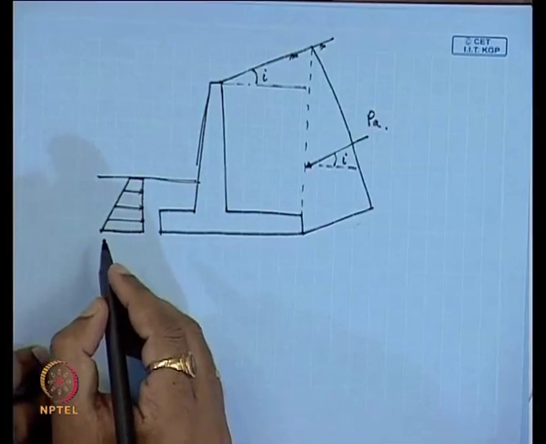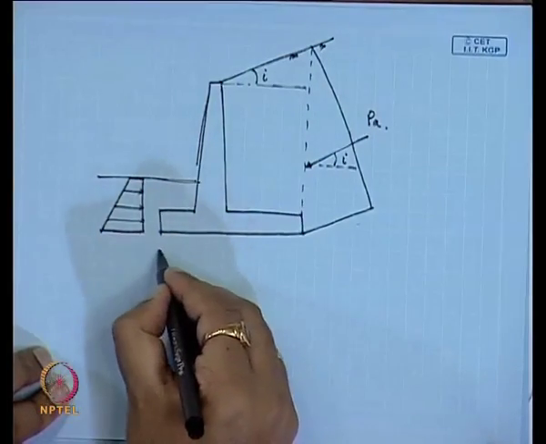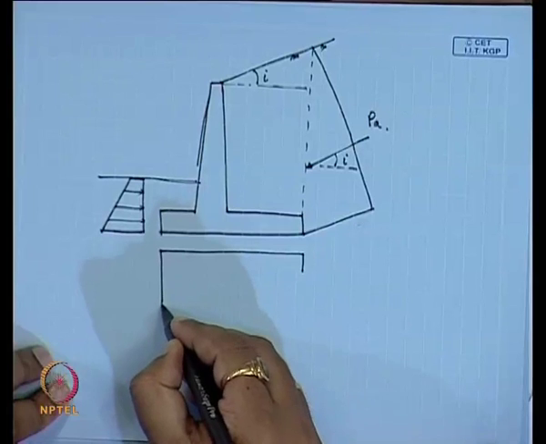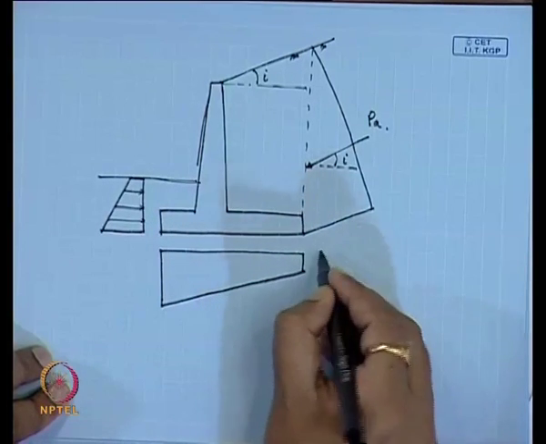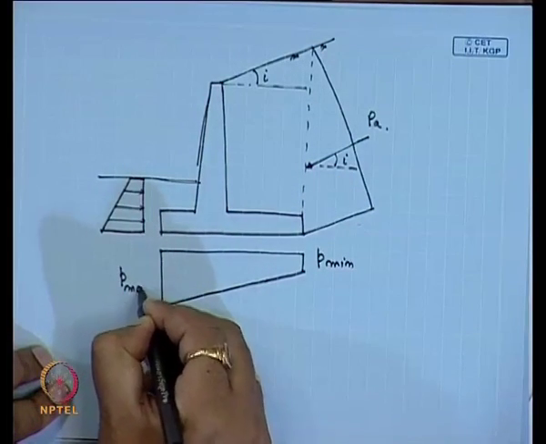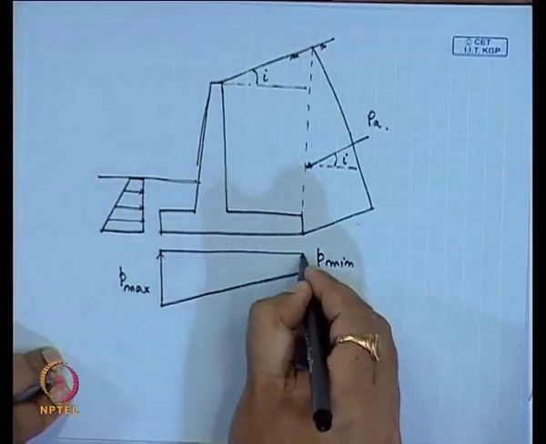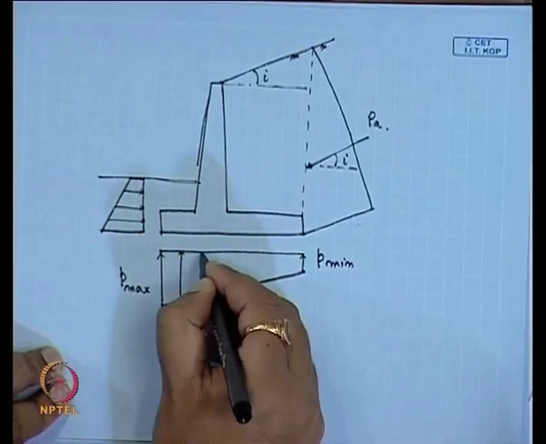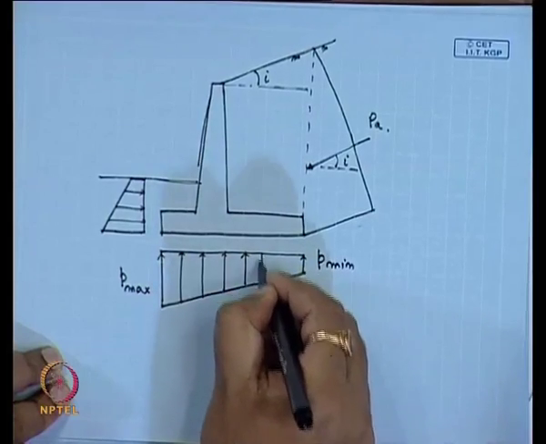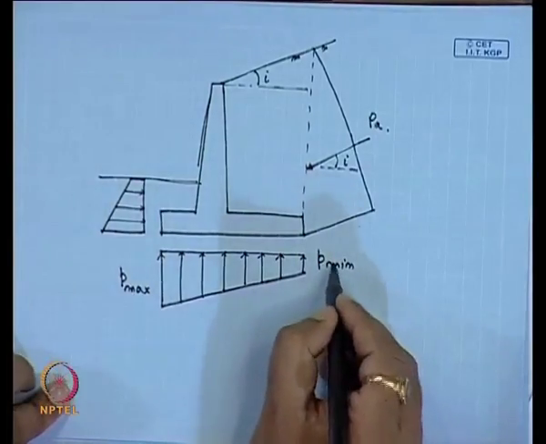Here we will consider the passive pressure, and this is the reaction force that will act on the base in this form. That is P min and this is P max. So, this reaction will act in this form.